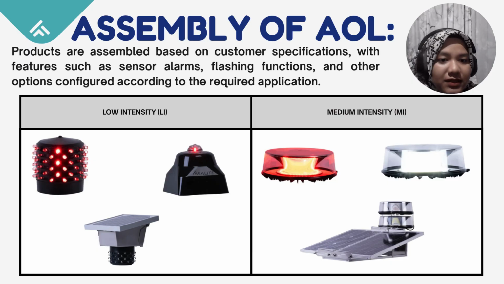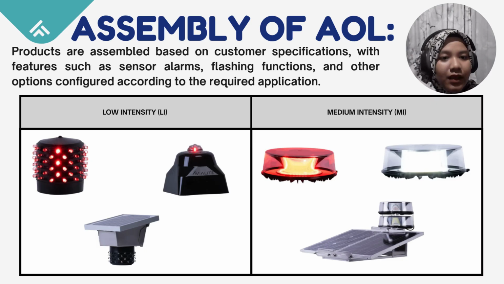So for the medium intensity series, I was exposed to a few types of products such as MI2KP, MI20KP, and also MI22KP. So this medium intensity light was designed for applications that require a higher light intensity compared to the LI series.